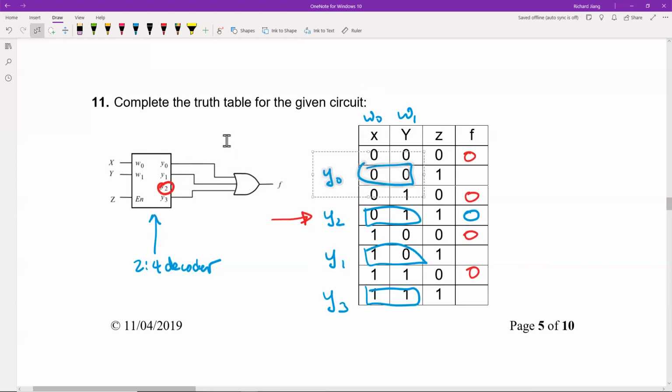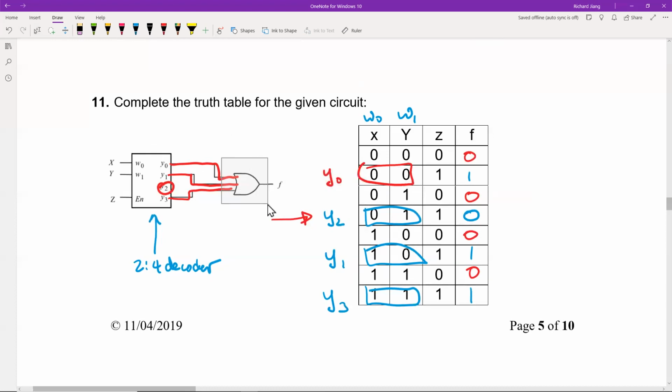Well, we can see that it certainly gets connected to the OR gate. If we look at Y1, that certainly gets connected to the OR gate as well. If we look at Y3, that certainly gets connected to the OR gate as well. So in each of those cases, the answer is going to be 1, because again, this is one hot, and Y0, Y1, and Y3 are connected to the OR gate.